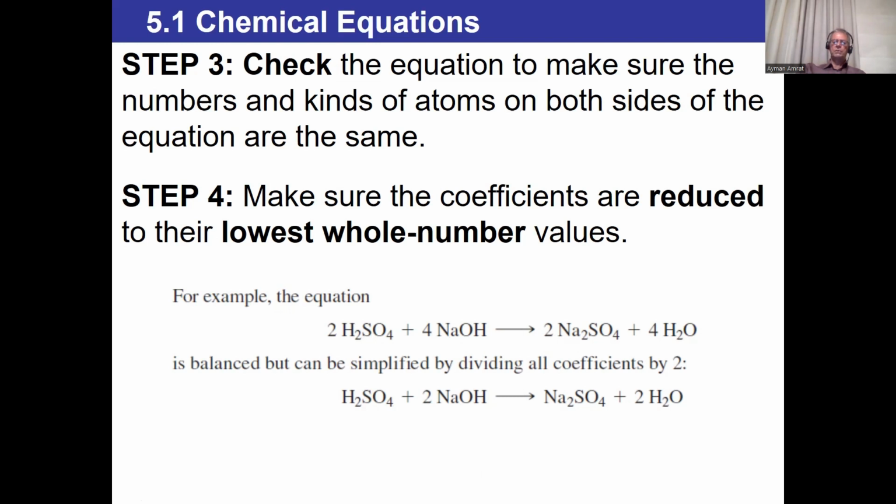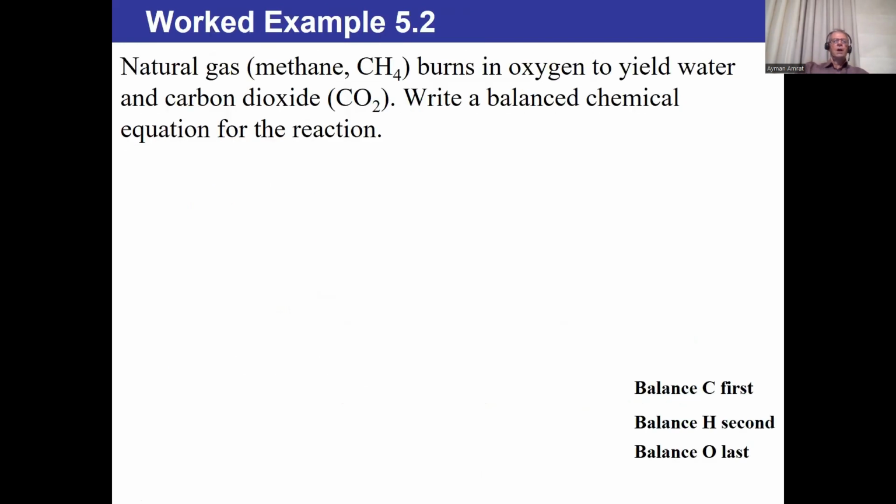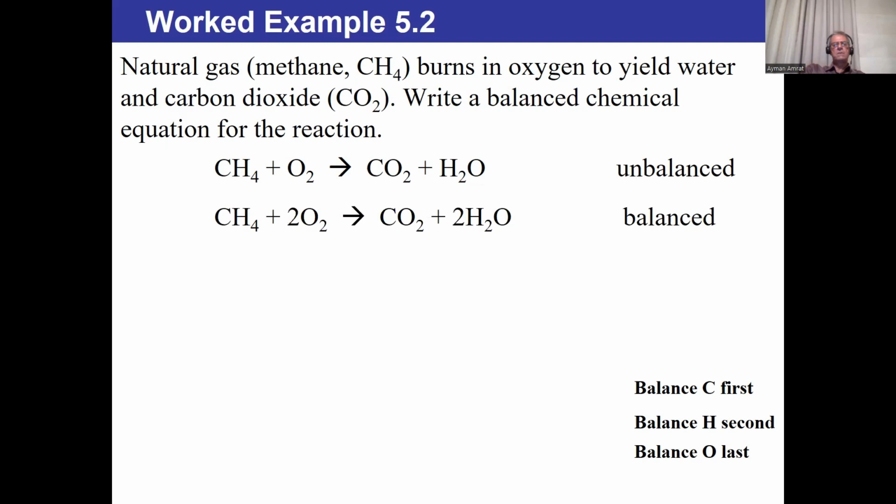and 2 water molecules. Natural gas methane burns in oxygen to yield water. This is the equation of a combustion reaction, unbalanced. Now start first to balance carbon. CH4 contains 1 carbon, carbon dioxide CO2 contains 1 carbon, so carbon is balanced.